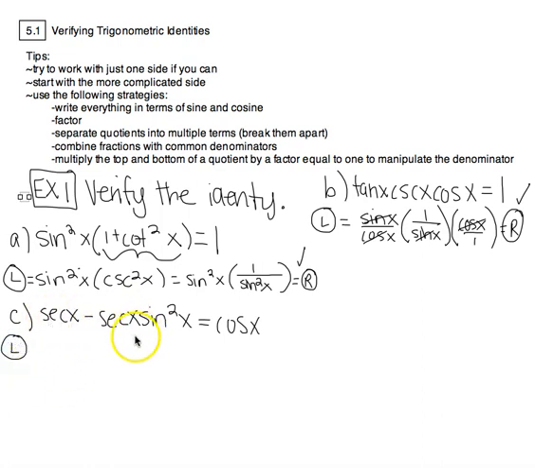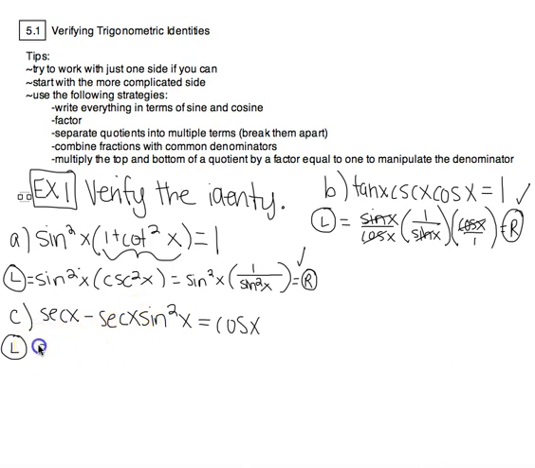This one, and again, just like with proofs, your geometry teacher couldn't teach you how to think. She or he could just kind of show you patterns and hope that you catch on. Same thing here. When I look at this one, the strategy that I immediately see is to factor, because both of these terms have a secant x in them.